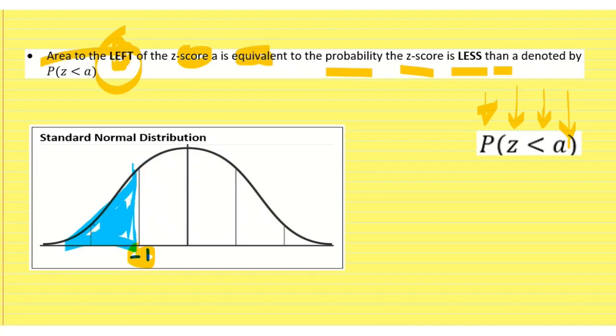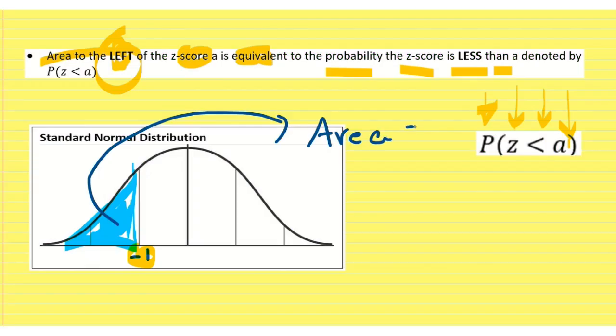And all of that area right there is going to be equal to the probability that z is less than A. So the area is less than the z-score, and it's equal to the probability that z is less than A. Like I said, you'll get used to understanding that and hearing that going forward. It'll make more sense as we put it into action.